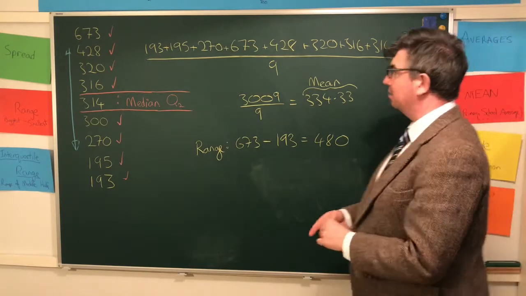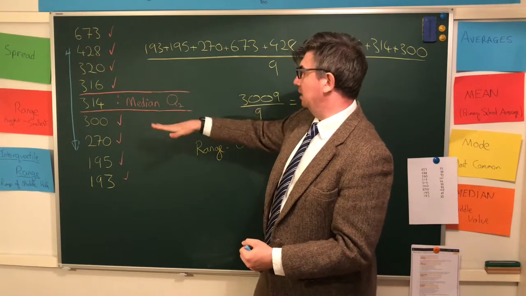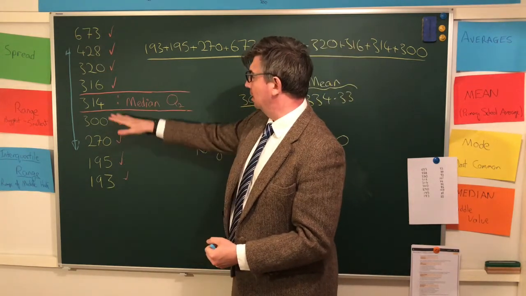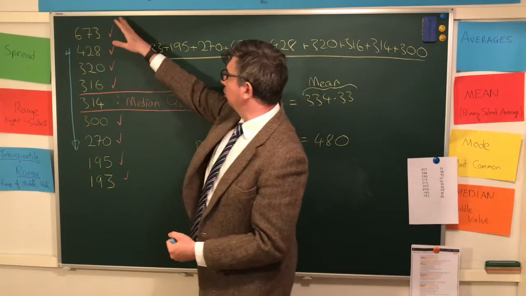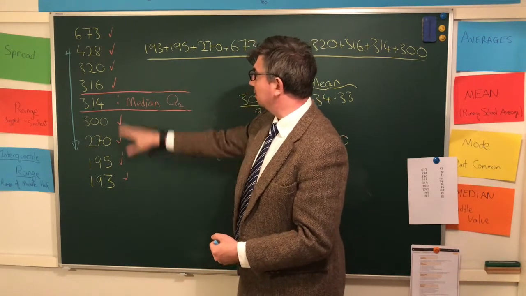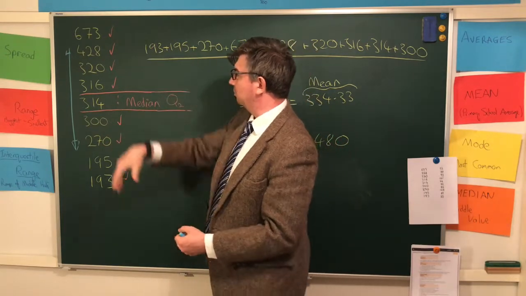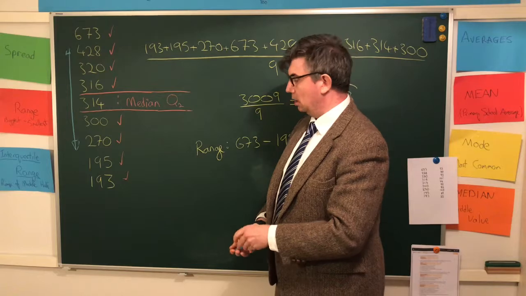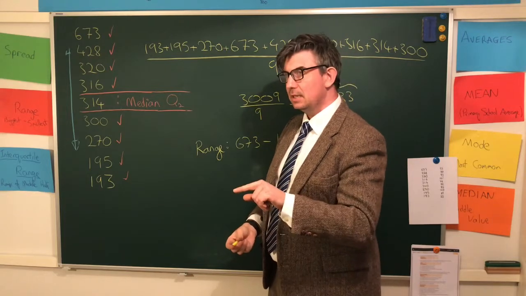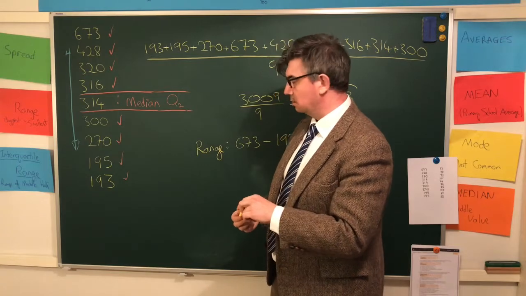When I calculate the median, I'm breaking my data set into two distinct halves. I have a lower half and I have an upper half. So there's the lower half down here and there's the upper half up there. Now, the middle half begins at the quarter way mark, so at the end of the first quarter.